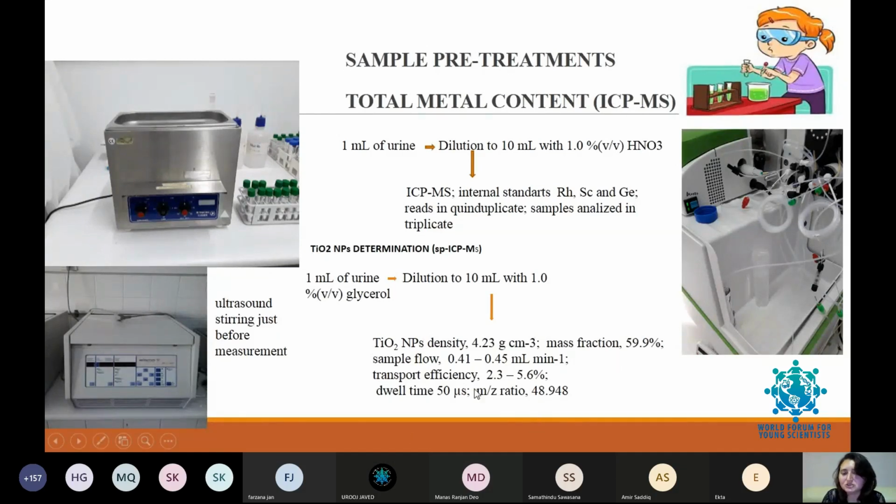Transport efficiency 2.3, 5.6, and dwell time 50. Mass ratio 48.948. In this case also we used ultrasound stirring just before measurement. Before measurement every time we use ultrasound stirring.